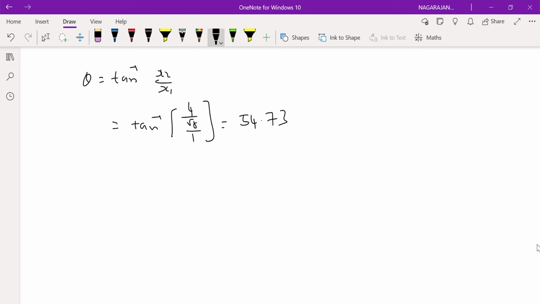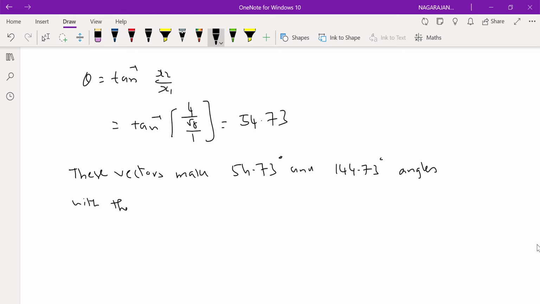So now these vectors make 54.73 and 144.73 degree angles with the positive x1 direction. They give the principal directions.